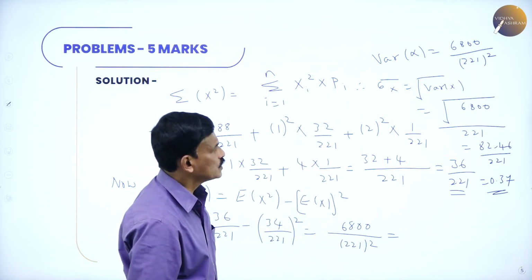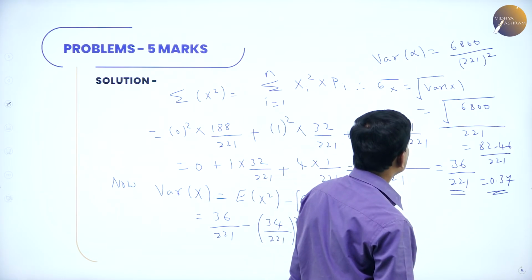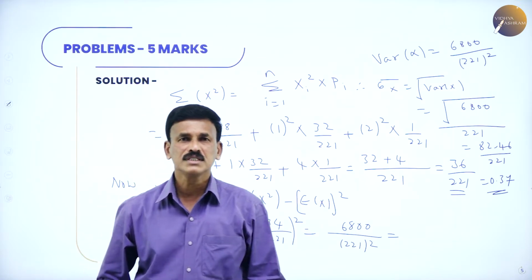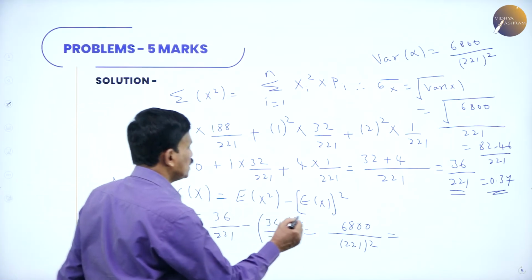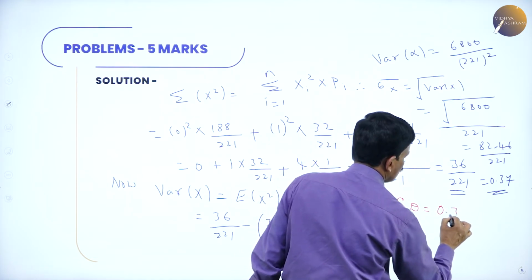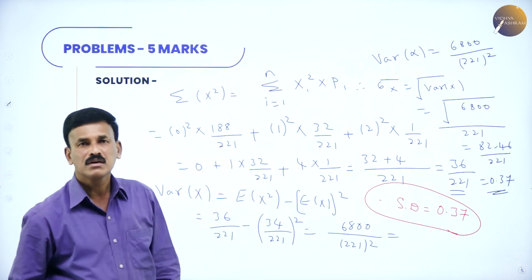So square root of 6800 is 82.46 divided by 221. That's equal to 0.37. So hence the standard deviation is equal to 0.37. That's it. This is the required answer.